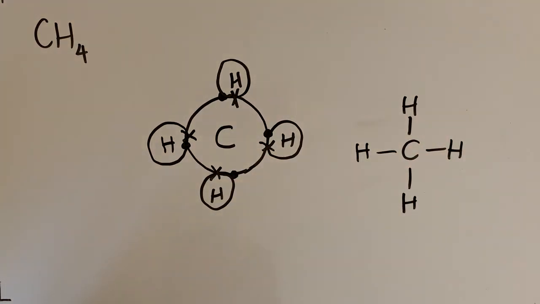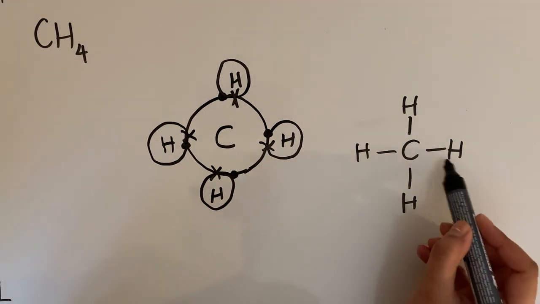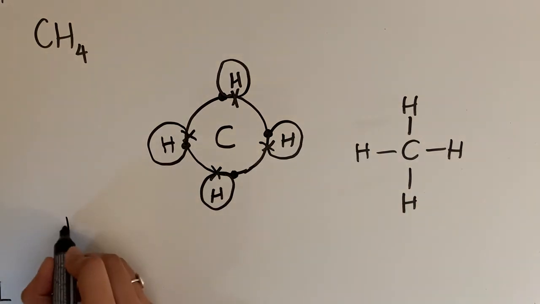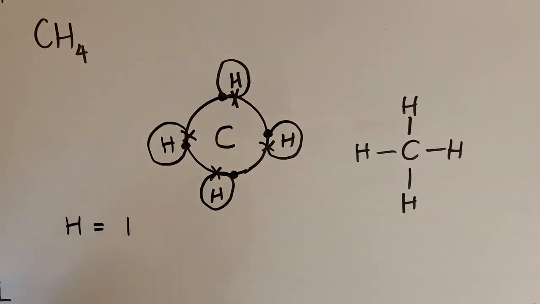What you may also notice is each element that we've discussed here usually forms the same number of bonds. Hydrogen will always form one bond, and in every example we've looked at, hydrogen just forms one bond.